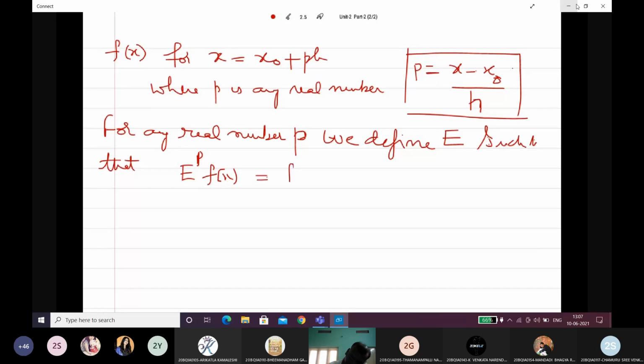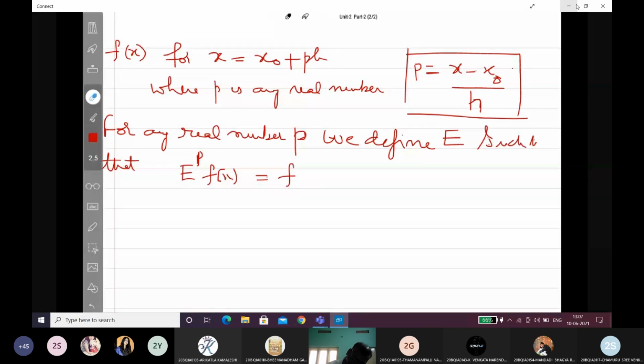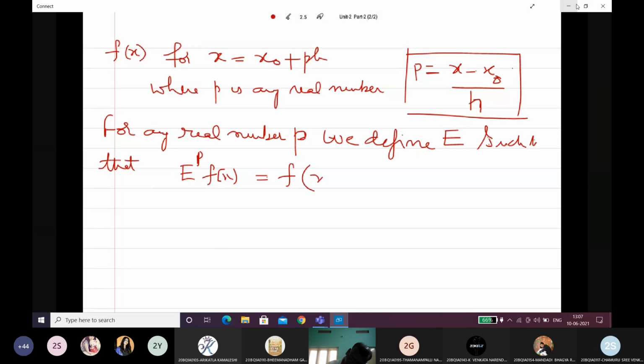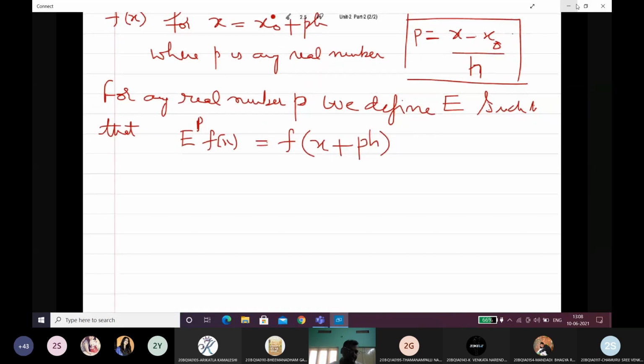Anyone? f of x plus ph, since here it would be nh if it were n, and p is there so ph. Now we have to expand this one.